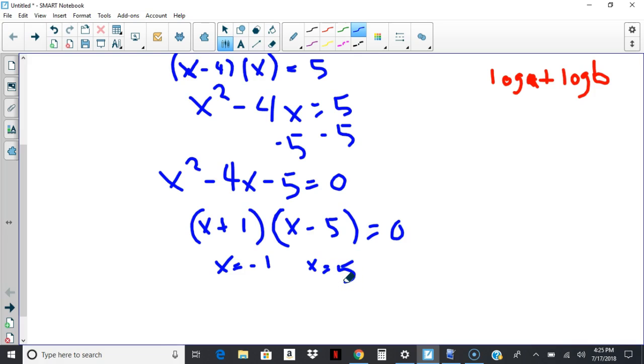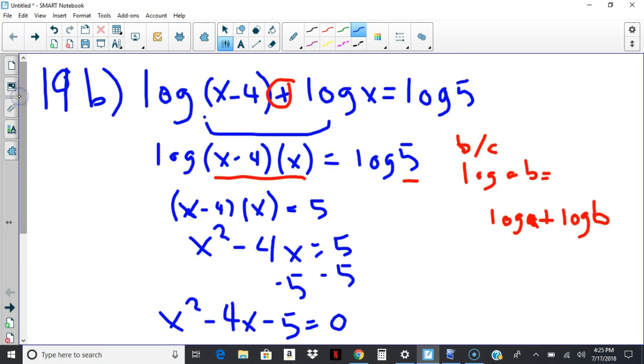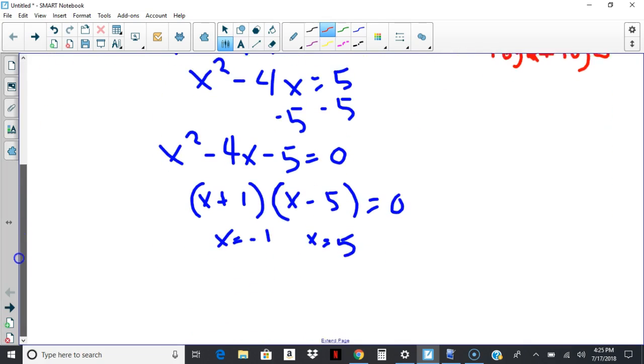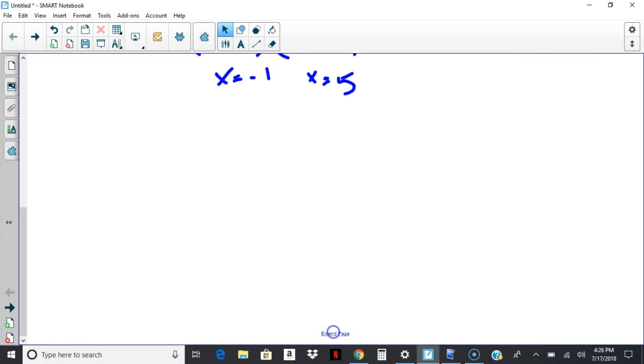Okay, and then we can check our answers. So we go back up here to the beginning, and we want to check our answers in the original. So let's rewrite that original expression, and let's write that we're going to make a check. And the big thing we're checking for is we don't want to take the log of a negative.